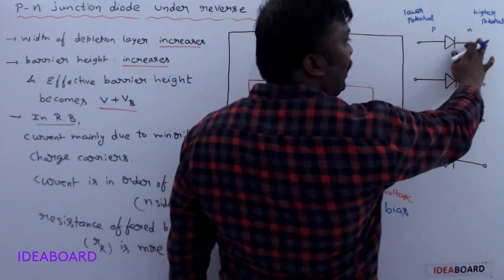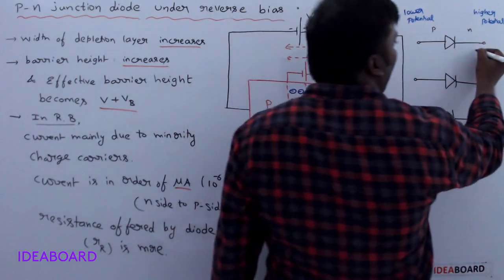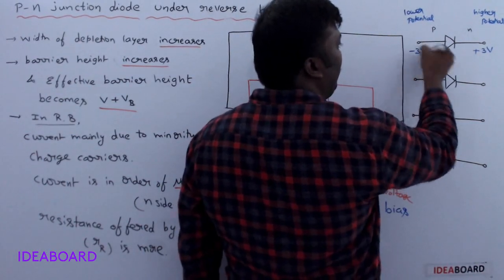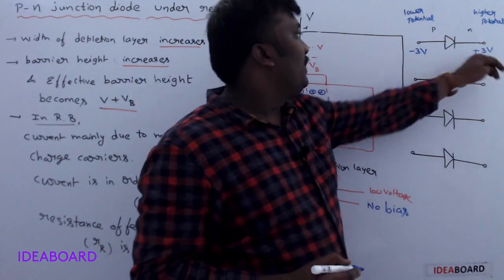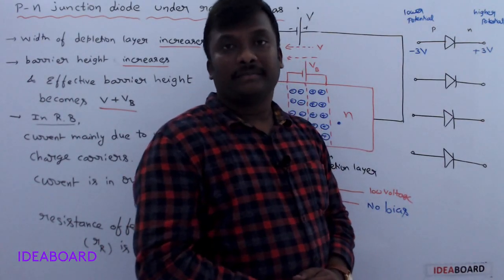Means the N side is always maintained at a higher value than the P side. So suppose you are given plus 3 volt here and minus 3 volt there, plus 3 volt is more than minus 3 volt. So the diode is said to be in reverse bias.